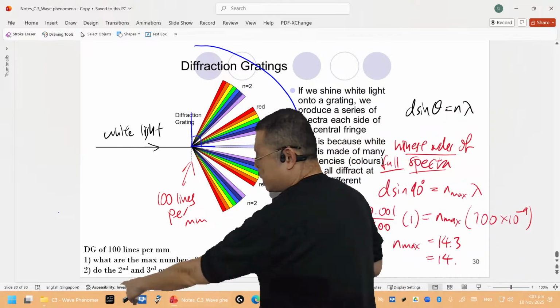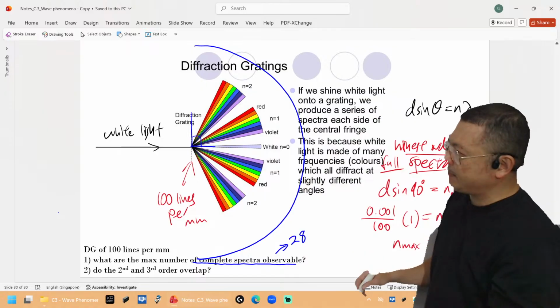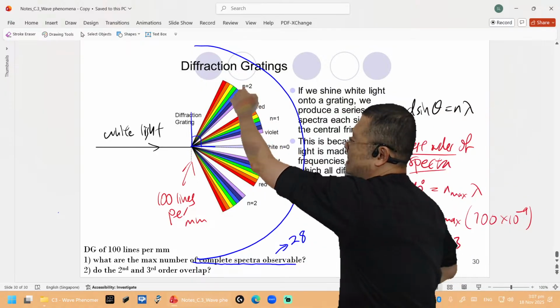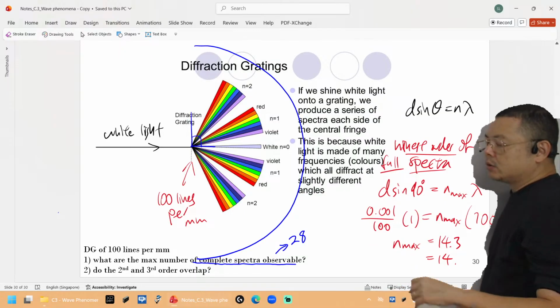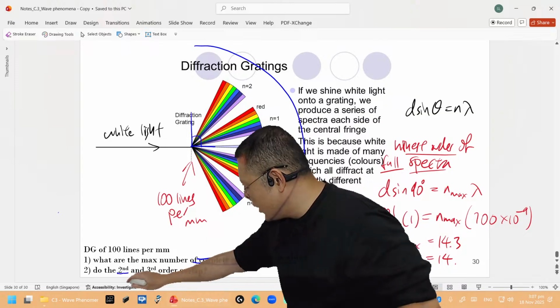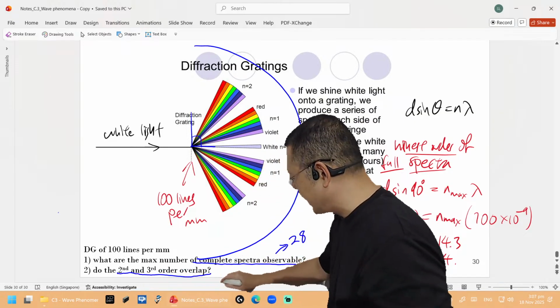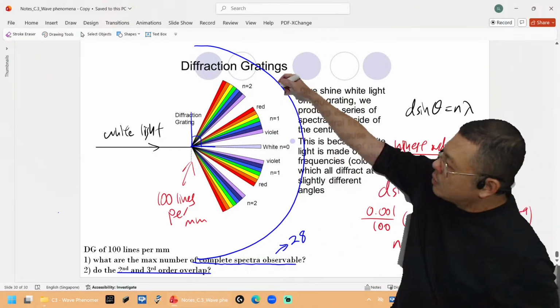Then the next one is, do the second and third order overlap? So they're asking you about overlapping, right? And the answer is you have to check. If you want to check whether the spectra overlap, what should you check for?